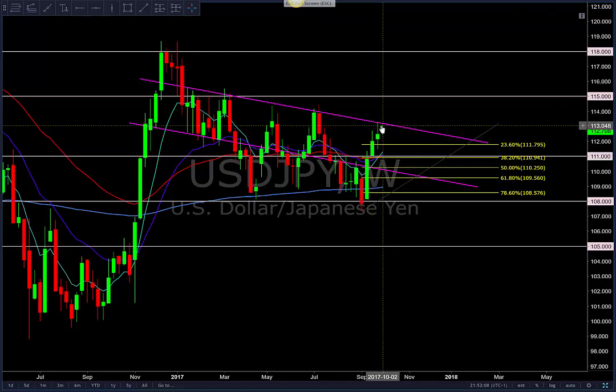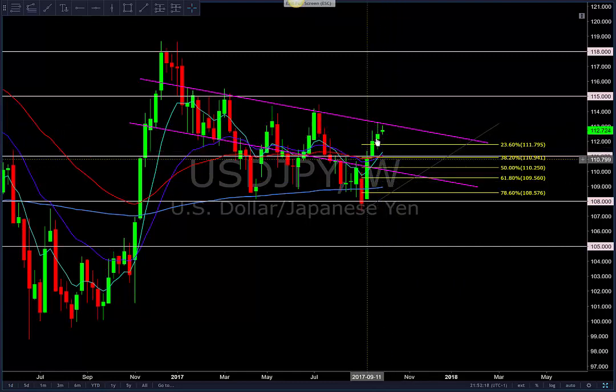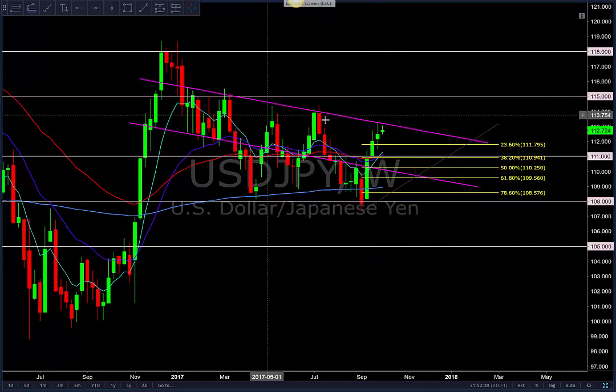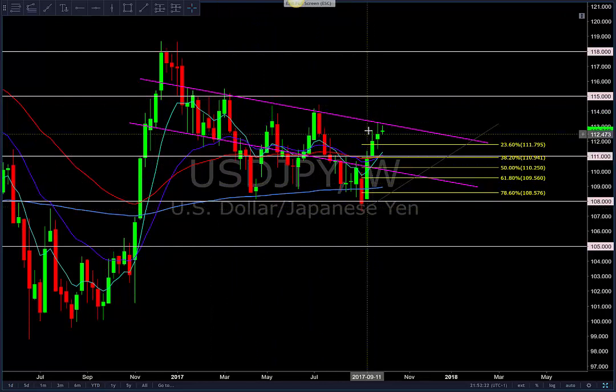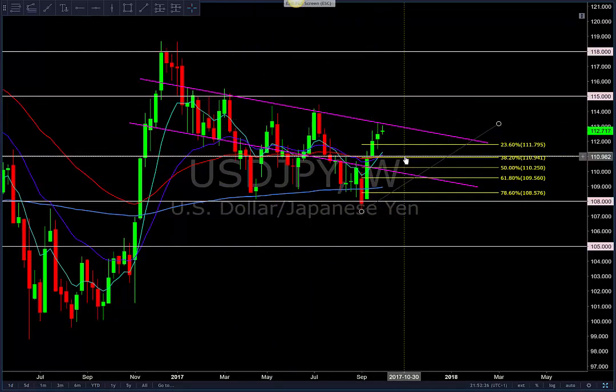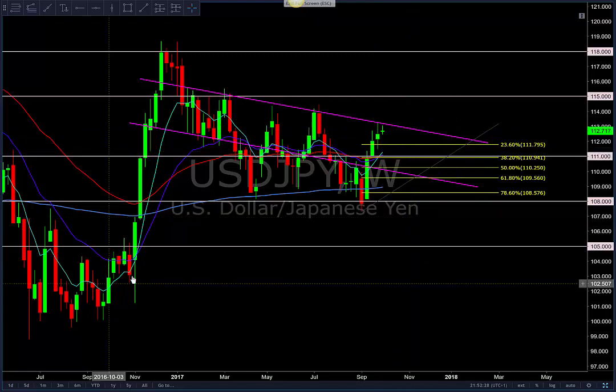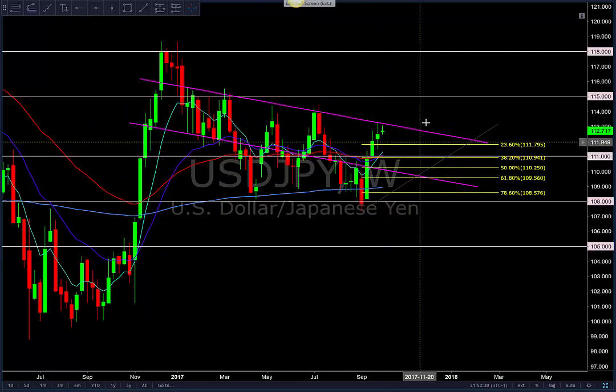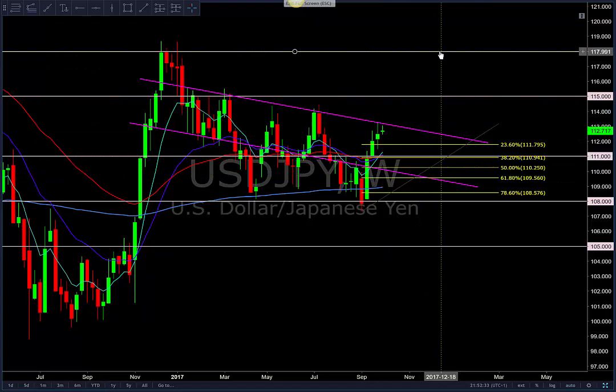Now if we take out this high at 113, we then may well see price trying to turn from being in a rather slow moving downtrend to being something which is actually trying to continue this momentum move up to the upside.